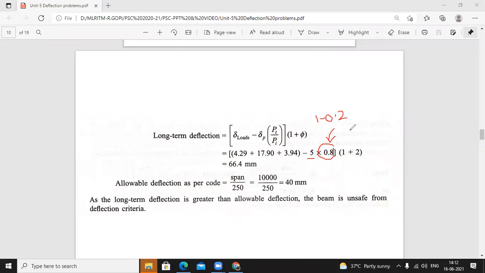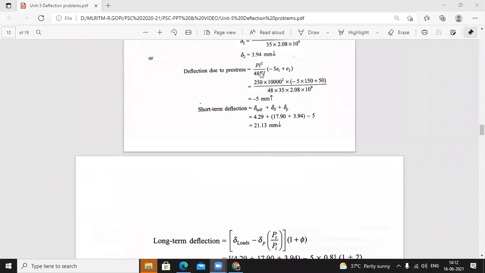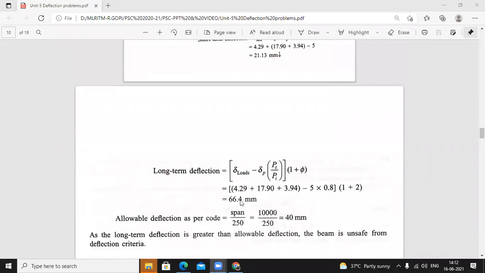That means pre-stress after losses. Next, 1 plus pi. Pi is the creep coefficient. This is also given in the question. So finally, long-term deflection is 66.4. Now you can see, students, the short-term deflection is 21.13 mm, but the long-term deflection is 66.4 mm.